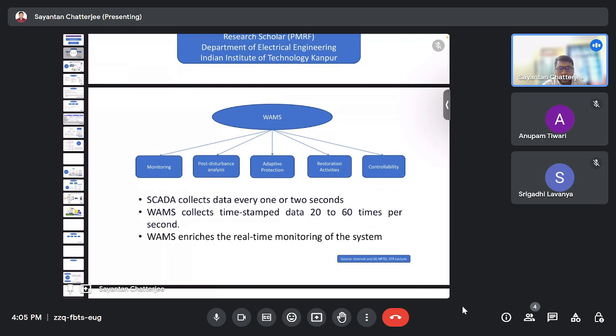But before that, what is the need of wide area monitoring? That's the main question. Why was there a requirement to shift to this wide area monitoring system?